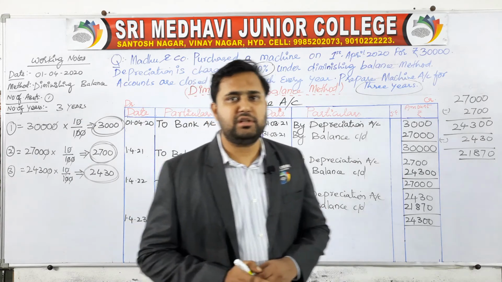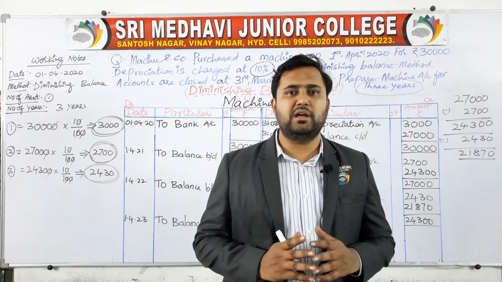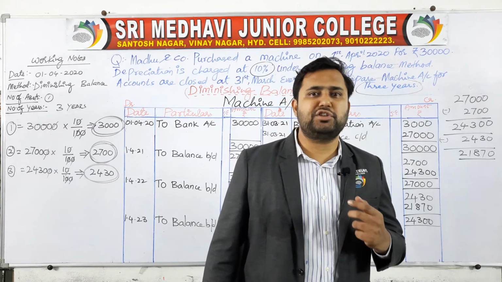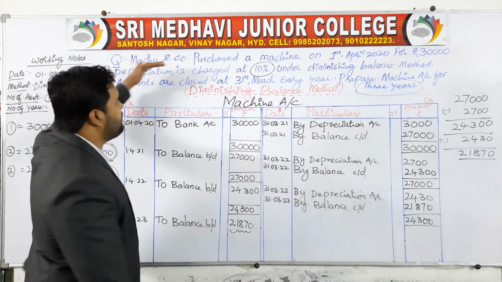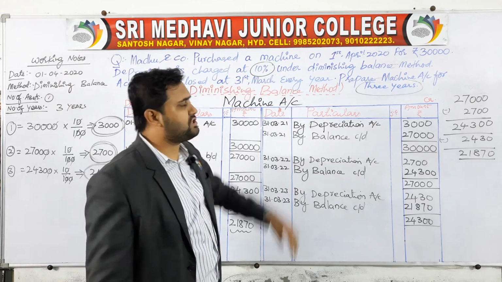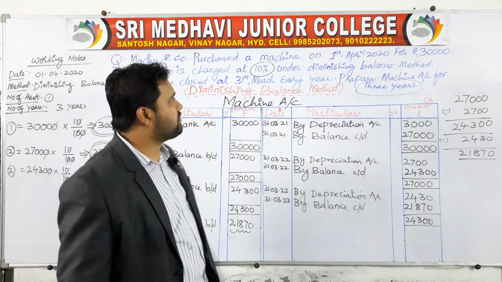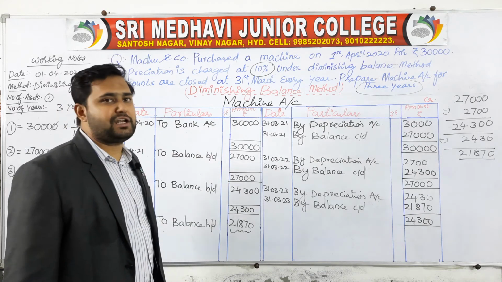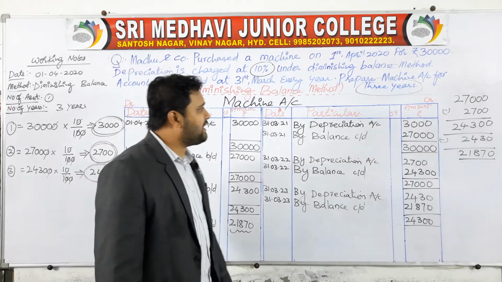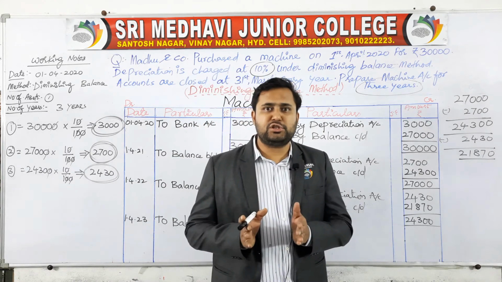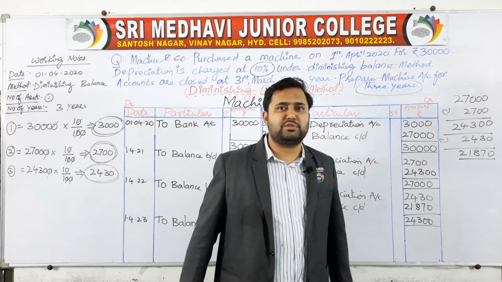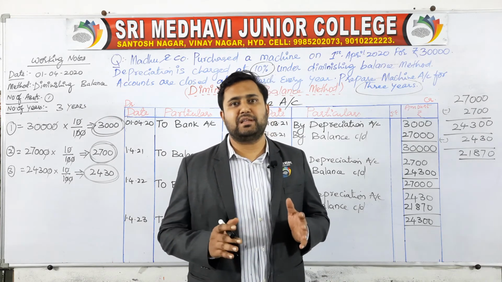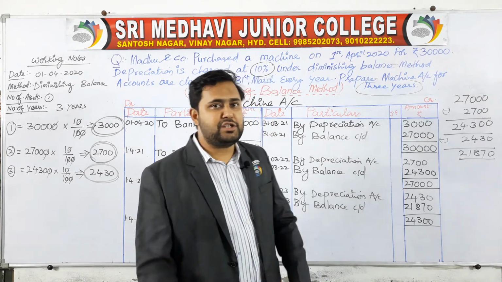First you read the question, then you will come to know which method you need to follow and calculate the depreciation under which method. Madhu and Company purchased the machine on 1st April 2020 for 30,000. Depreciation is charged at 10% under diminishing balance method. The difference between fixed installment method and diminishing balance method is that in fixed installment method, or straight line method, the depreciation remains constant.